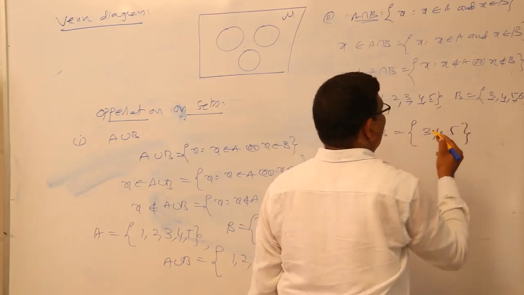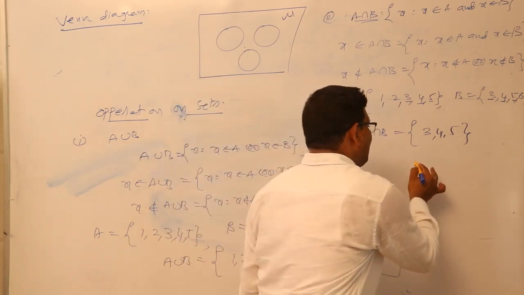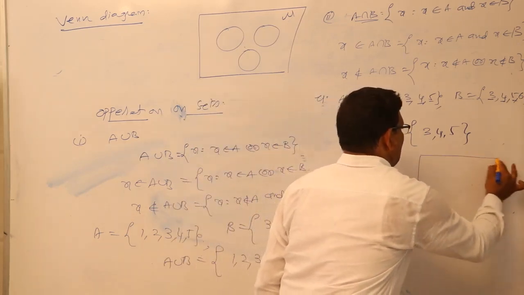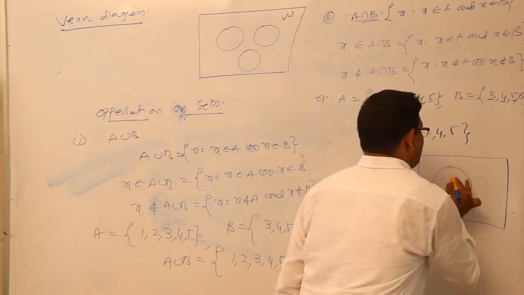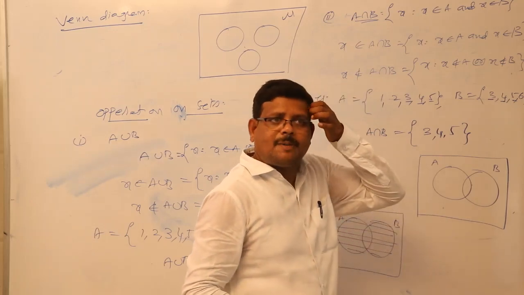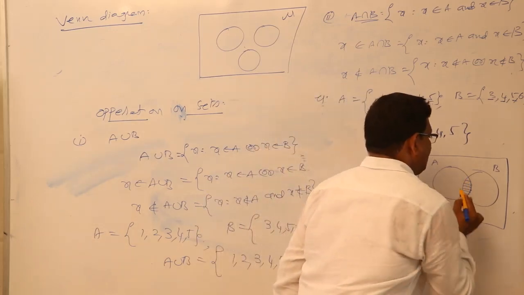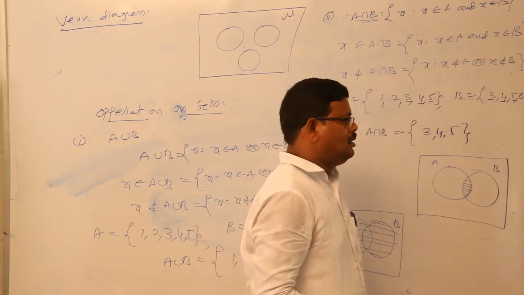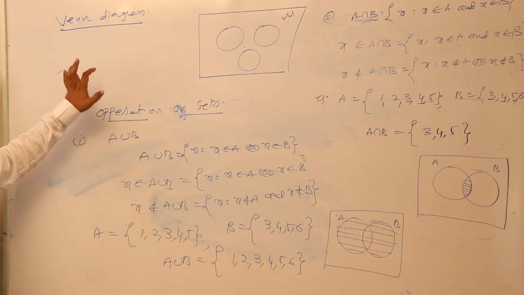Therefore A intersection B is 3, 4, 5. In a Venn diagram, we draw the picture like this: A and B, and the common part in both sets is A intersection B.